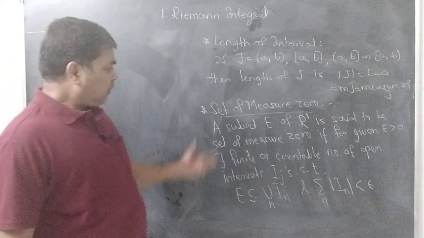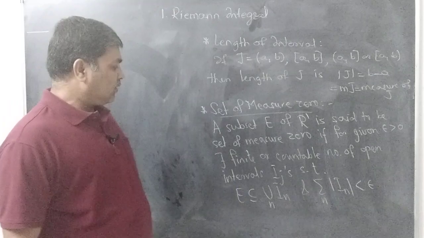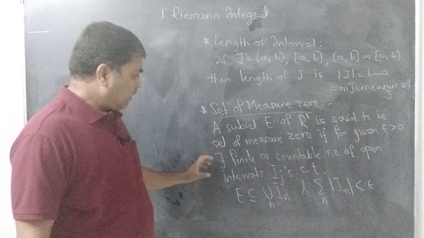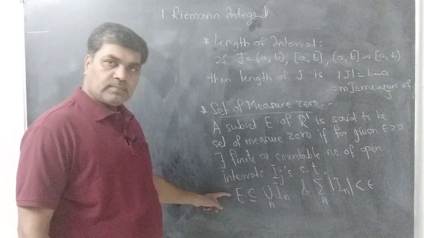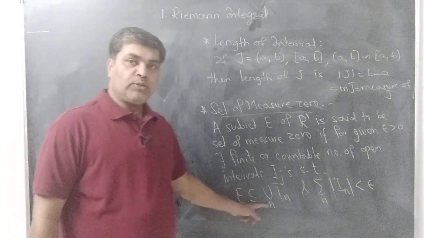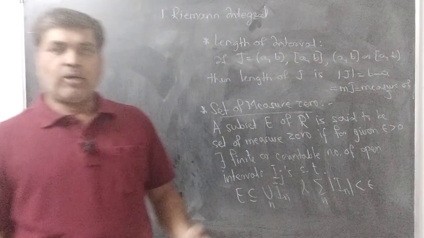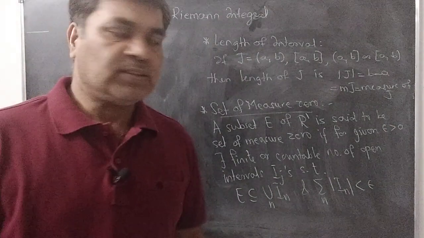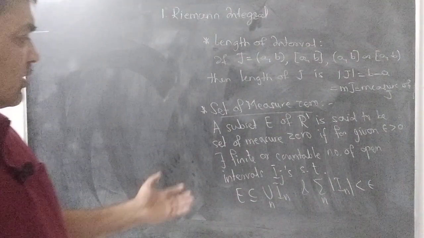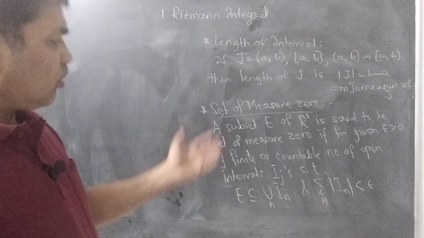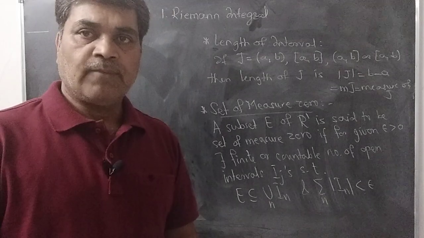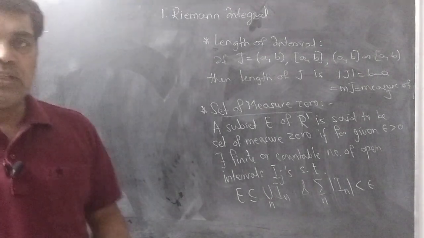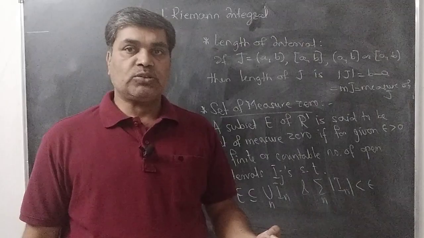Roughly speaking, if a subset E of R1 is covered by a union of finitely or countably many open intervals such that the sum of the lengths of all intervals is less than epsilon, and this is true for any epsilon greater than 0 even though epsilon is too small.